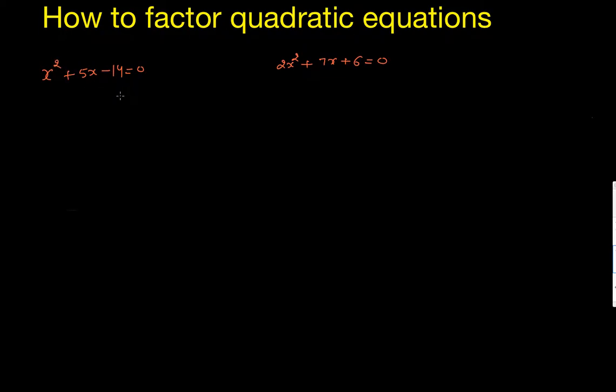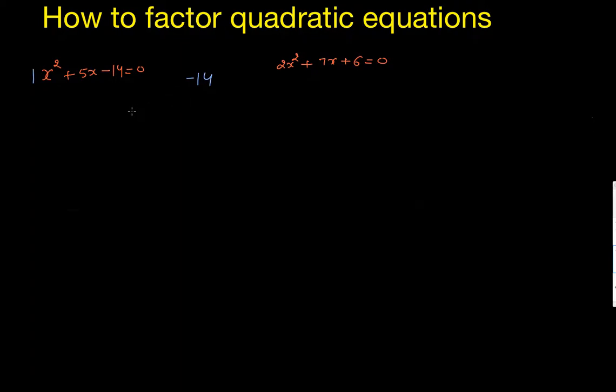So what we're going to do is multiply the coefficient of x squared, which is 1 in our case, by this constant. So 1 multiplied by negative 14 gives me negative 14.